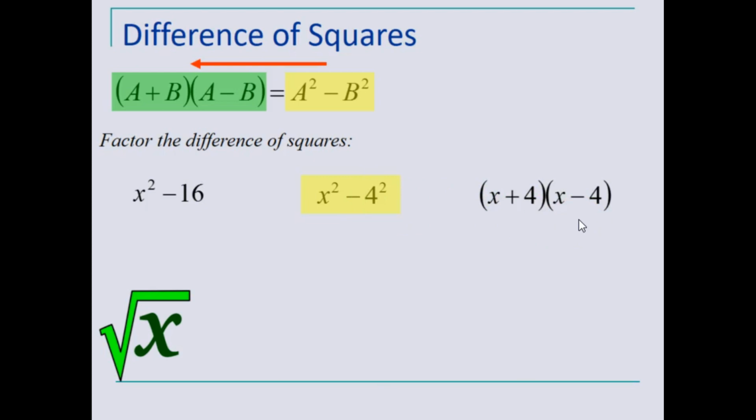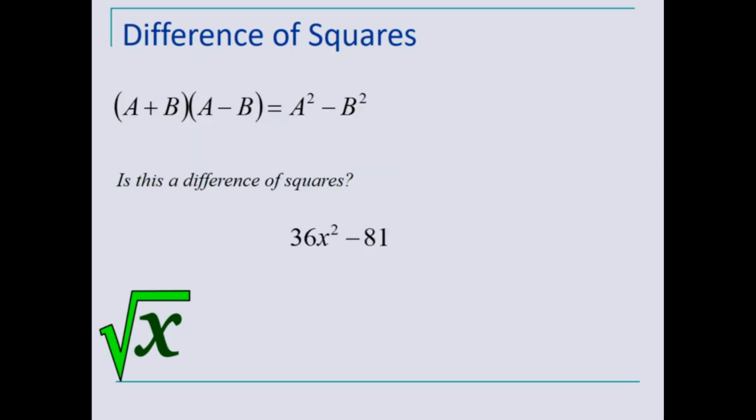It should be noted that when we have binomials multiplied together that have the same first and second term, but one being a sum and one being a difference, we have a name for this pair of binomials, and it's called conjugates. We'll see that numerous times in the future.